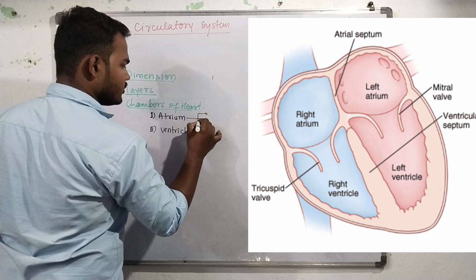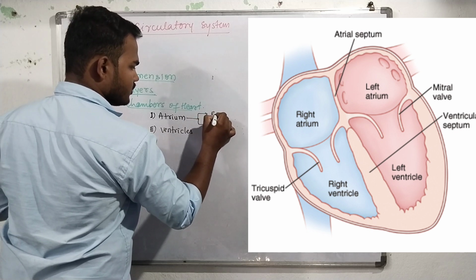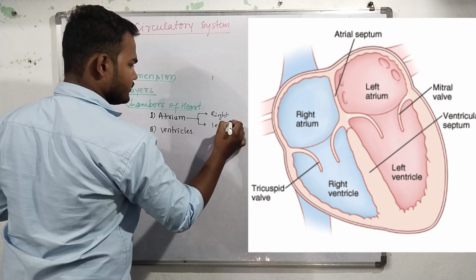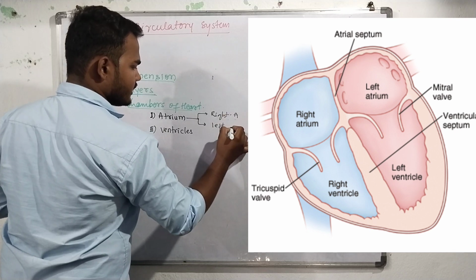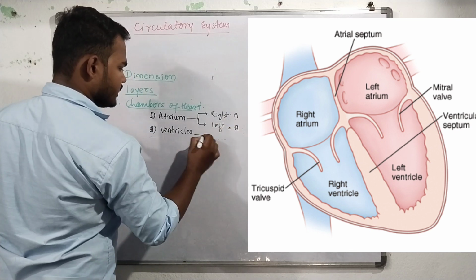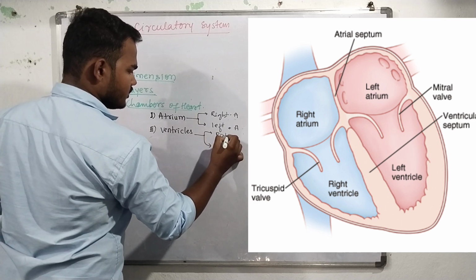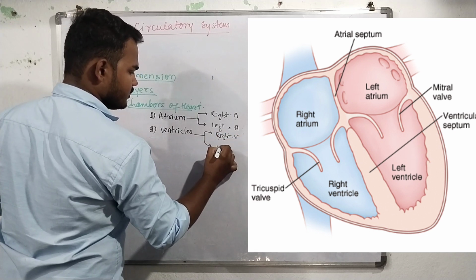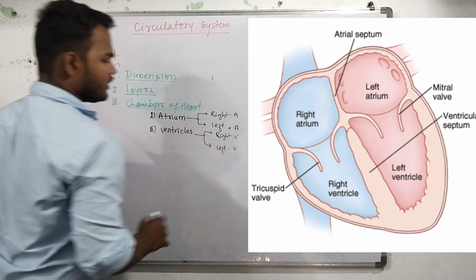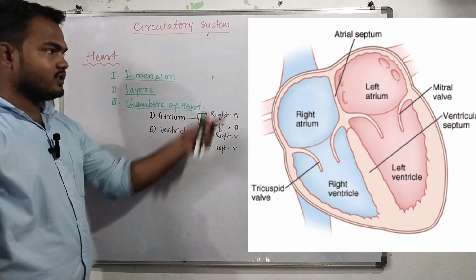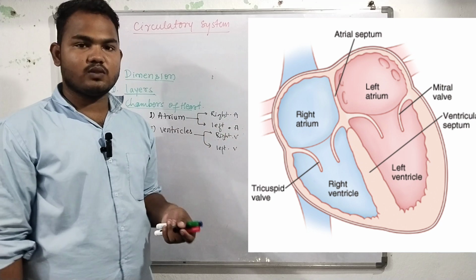Atrium is divided into right and left atrium, and again ventricle is divided into right ventricle and left ventricle. Okay, these are the chambers of the heart. You can see this image of the chambers of the heart.